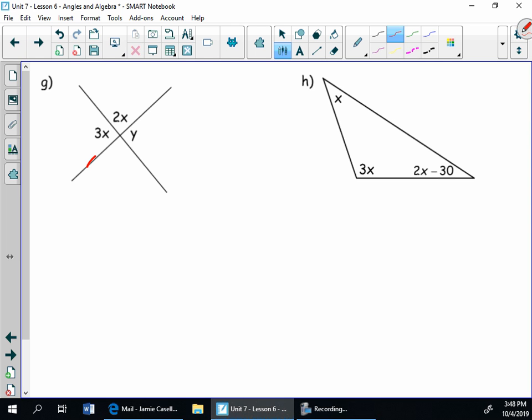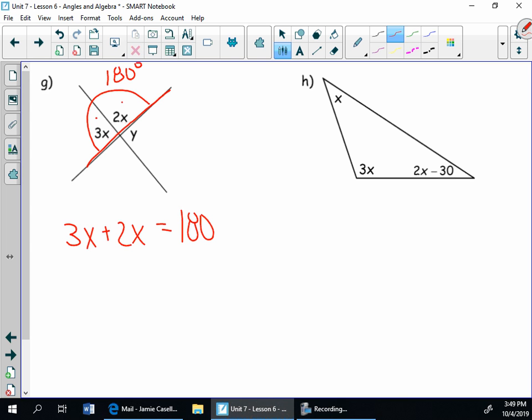So for example, a straight line that we know something about in terms of angles. Straight lines make 180 degrees. I need to take the algebraic terms that I have and make an equation. I know this angle combined with this angle, in other words 3x plus 2x, have to add up to 180.